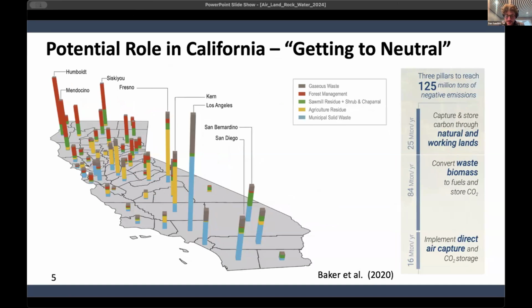So I wanted to speak about some evidence that we know about how we could deploy biomass carbon removal in the state of California. And this is a report called Getting to Neutral that was released in 2020.